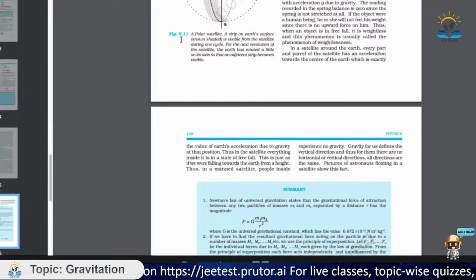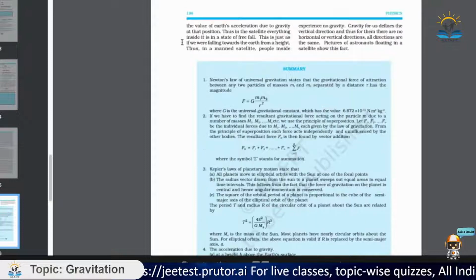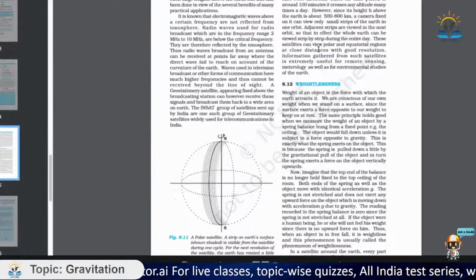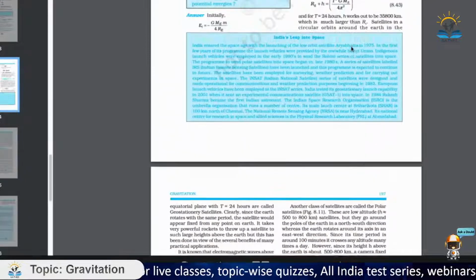So this is the formula for variation of acceleration due to gravity with height h, and this is the formula for variation of acceleration due to gravity with depth d.